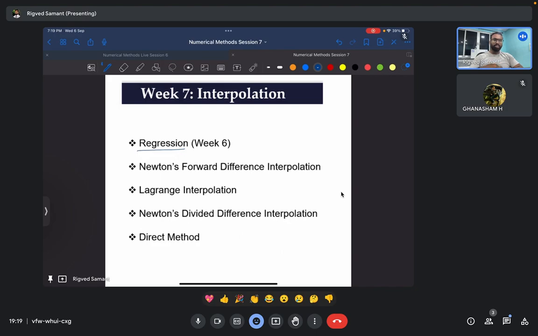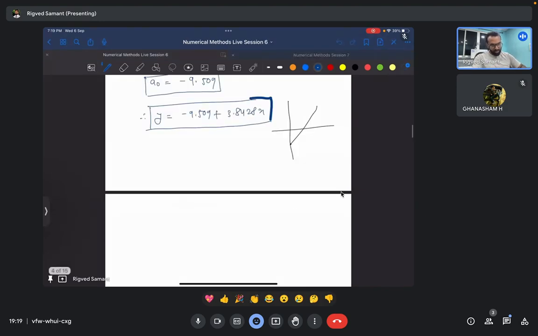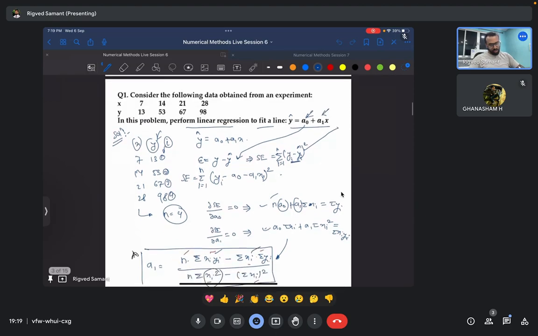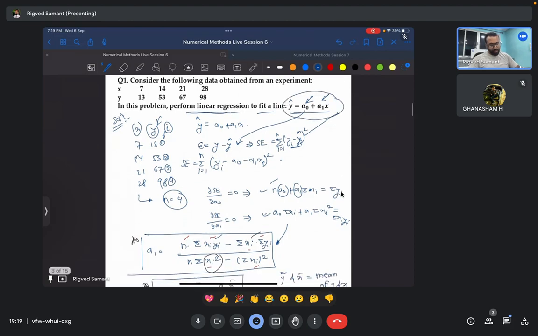So in regression, yesterday I talked about how to quantify the fit of the data, right? Actually we didn't talk about it, we ended with the different regression models. And I said that at the start of tomorrow's lecture, I will first tell you how to quantify your fit. So to do that, we'll just go back to yesterday's question. Yesterday we had this question where we performed a linear regression fit for this model, right?